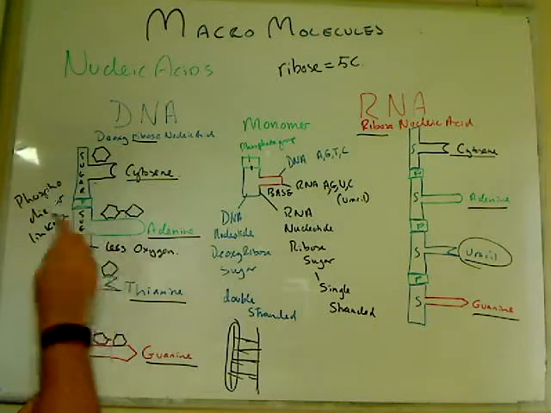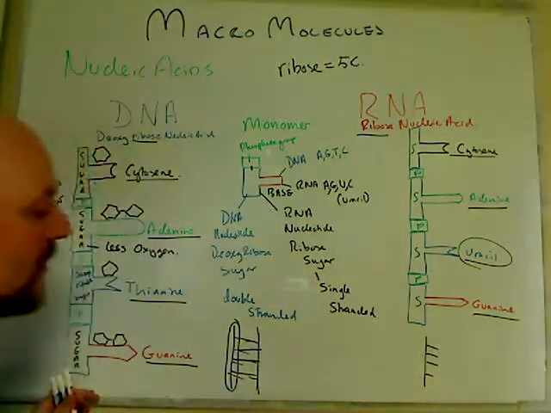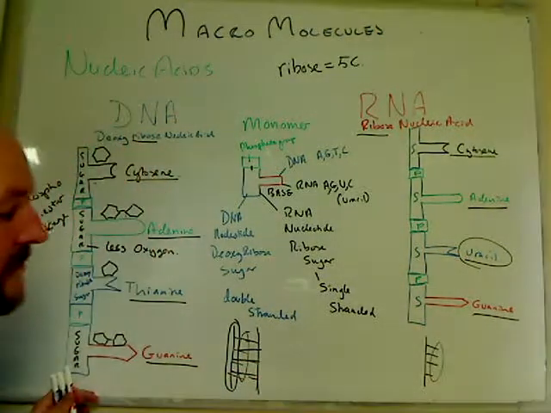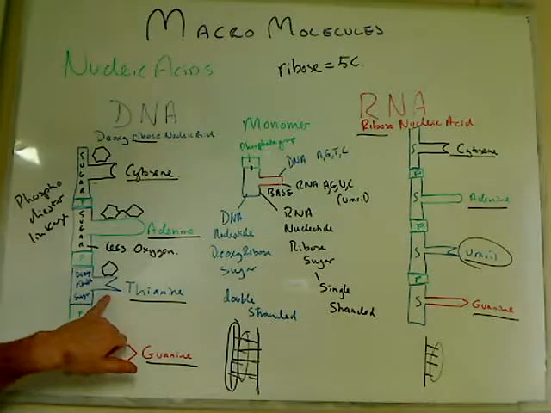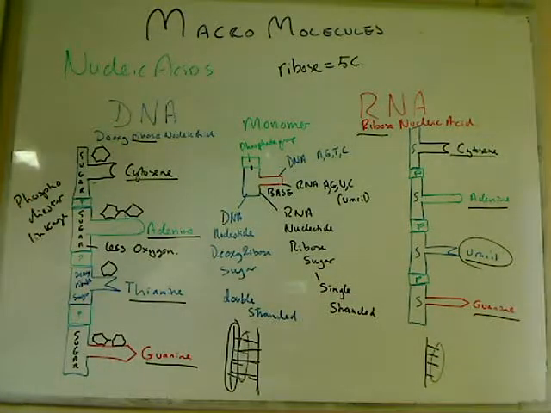RNA is just single-stranded, meaning that the bases, and these are the things that carry the information on an RNA, are exposed and they're protected in the DNA. And the final difference is the base itself. Thymine is replaced by uracil in RNA, but they're both nucleic acids.